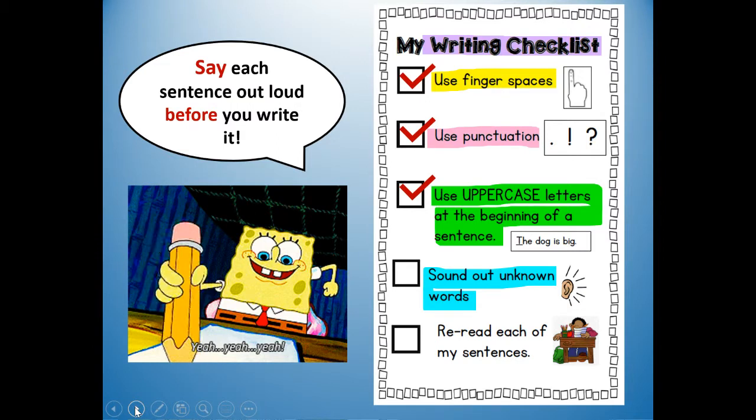And you sound out unknown words that you don't already know how to spell. And then you reread each of your sentences to make sure they make sense. So make sure you say your sentence before you write it, and remember these things off of our checklist.